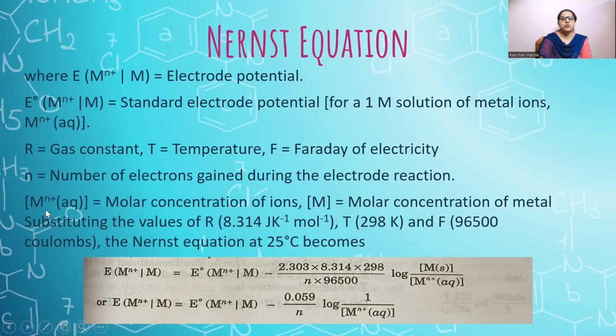M^n+ is the molar concentration of ions, where M is the molar concentration of metal. Now substituting these values for R, that is gas constant, T, that is the temperature, and F, that is Faraday of electricity, the Nernst equation at 25 degrees Celsius becomes as follows.